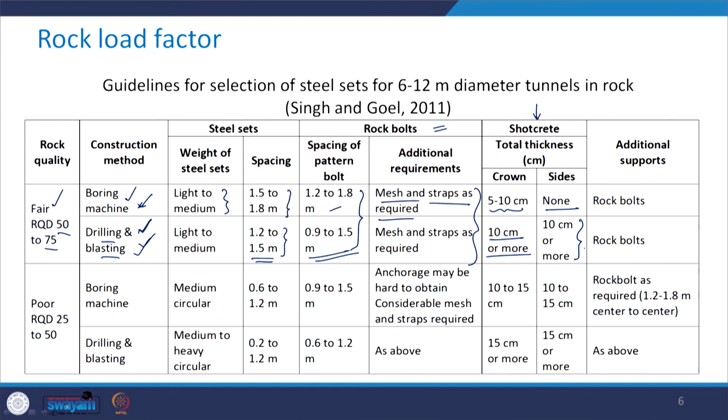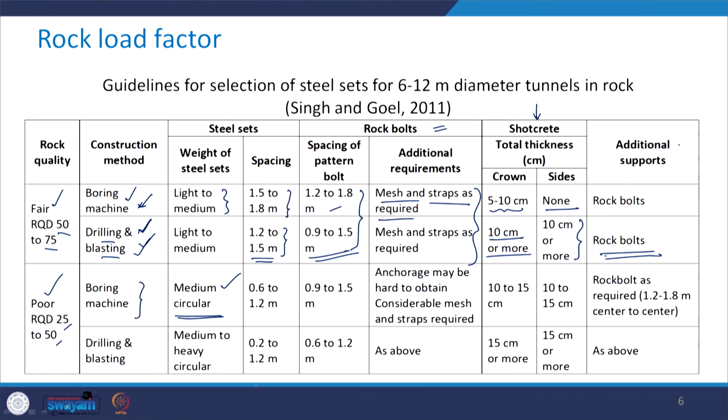The additional support that is needed in this case is the rock bolts along with the shotcrete. In case you have the poor type of rock quality defined by the RQD between 25 to 50, here the weight of the steel sets will be medium and circular steel sets are needed in case of the construction using tunnel boring machine.